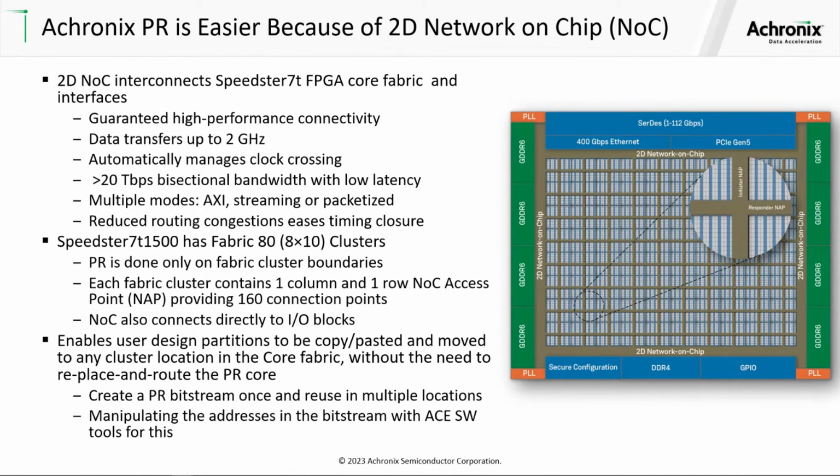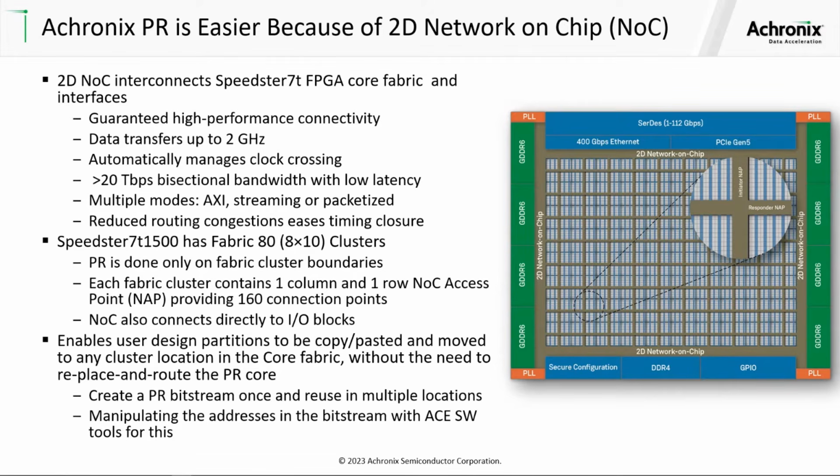So data transfers up to 2 gigahertz give you about 20 terabits per second of low latency bandwidth. We also automatically manage the clock crossing when you're bridging clock domains. There are different modes to the NOC that can be used: AXI, streaming, or packetized. And the idea of this 2D NOC having dedicated high-speed routing around the chip is that it's going to simplify your congestion within the FPGA fabric to get easier timing closure with higher bandwidths.